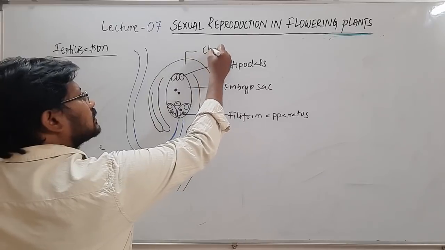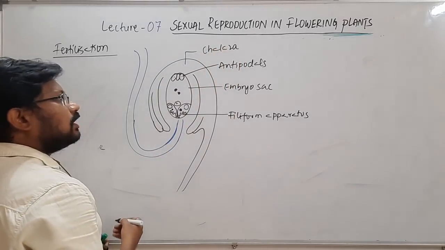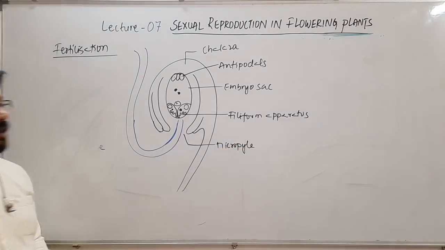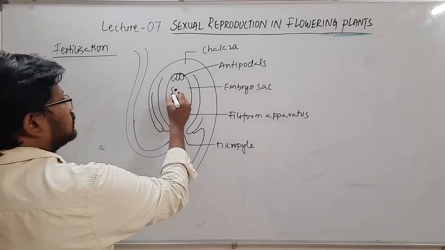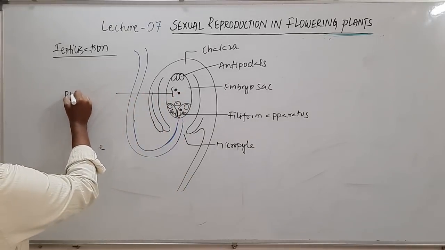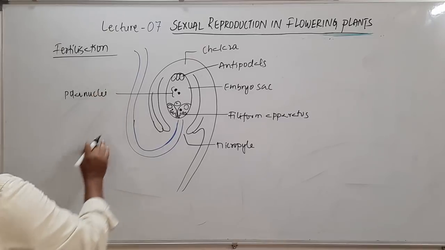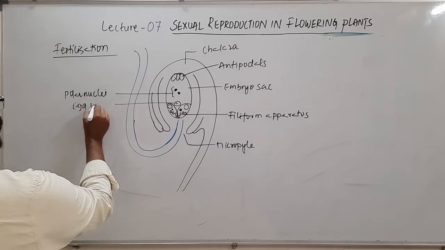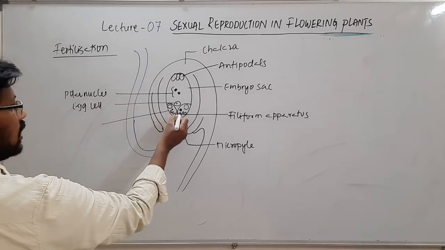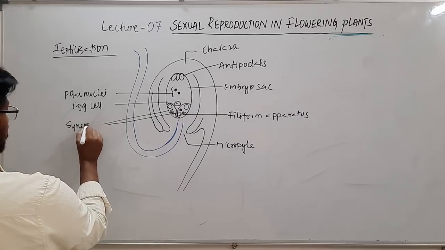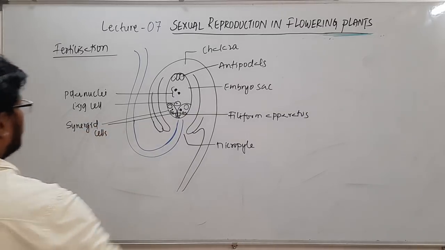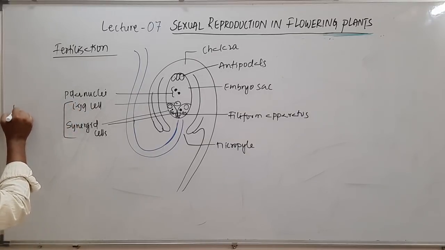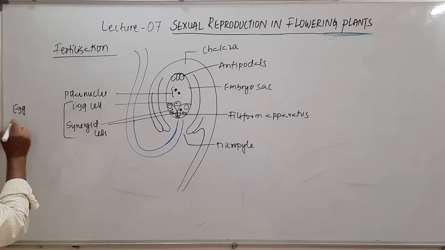This is the chalaza end of the ovule, and this is the micropylar end. The one egg cell and two synergid cells form the egg apparatus.